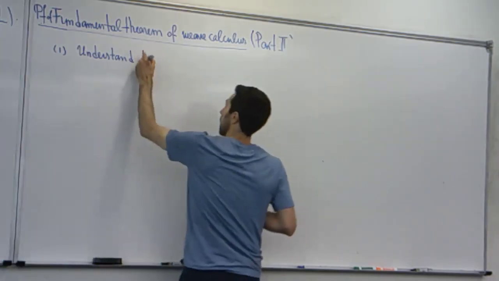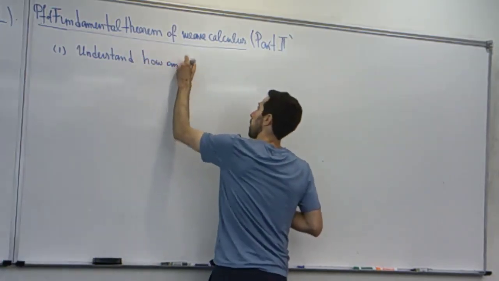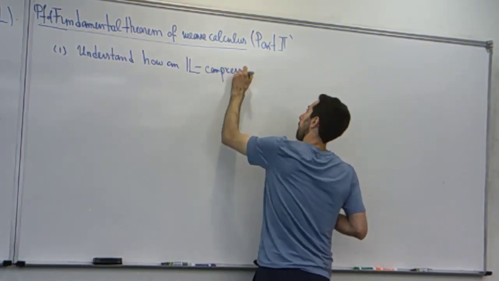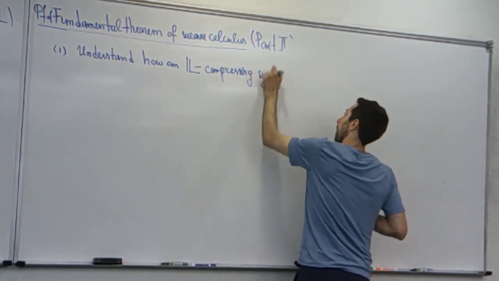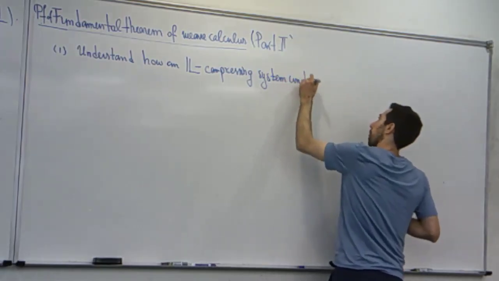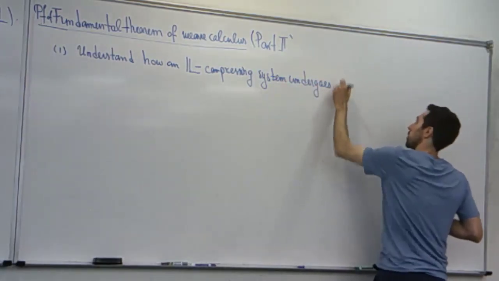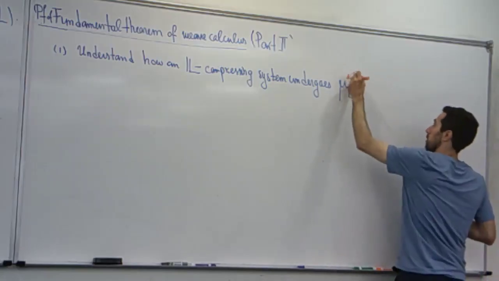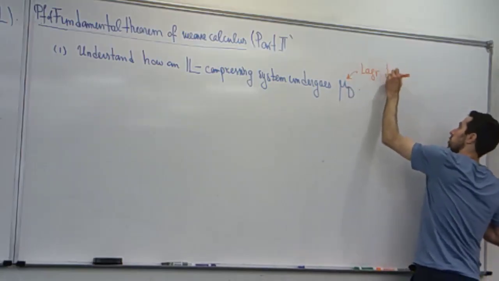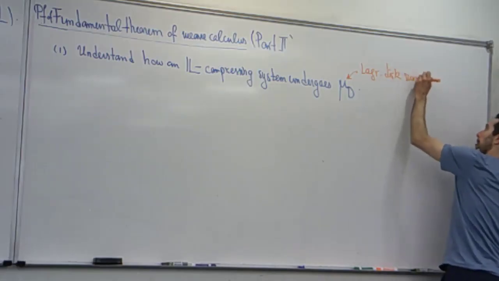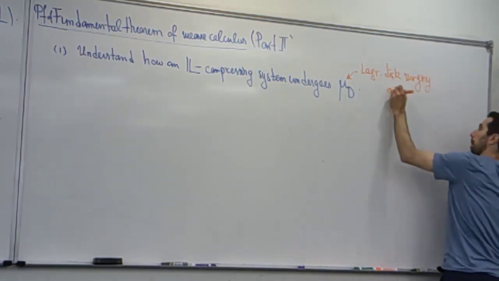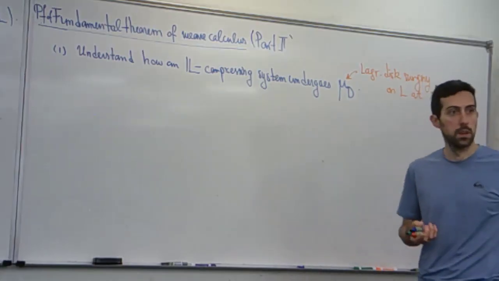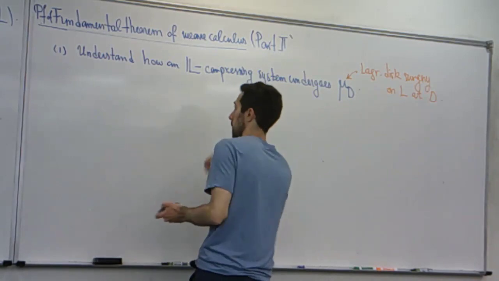So understand how an unknotting system undergoes the mutation mu sub lambda and mu sub d, and this is understood as a symplectic topology operation, as Lagrangian surgery on L. Does that make sense? So that will be the first step. I'll be discussing that second.